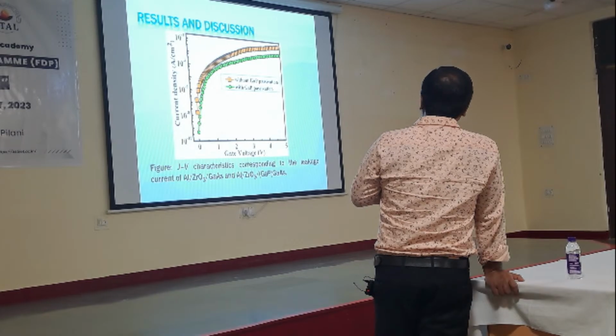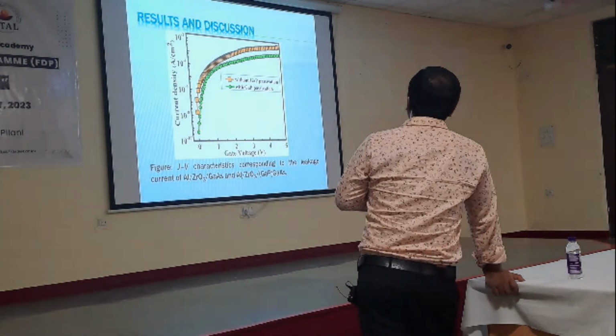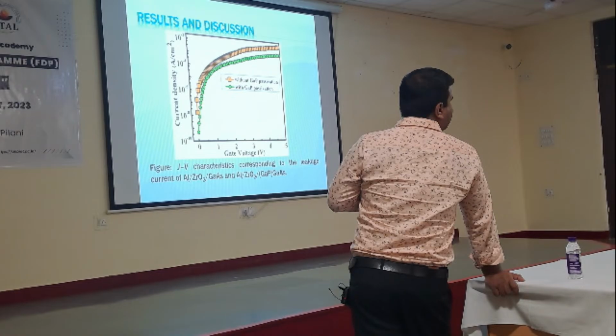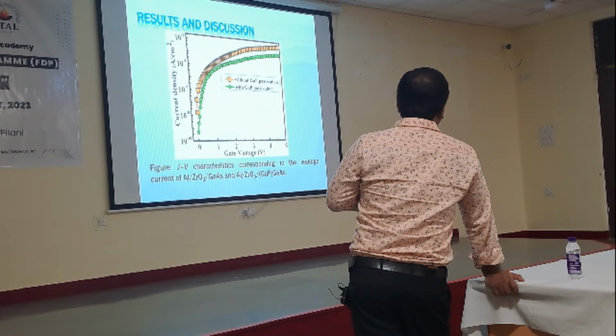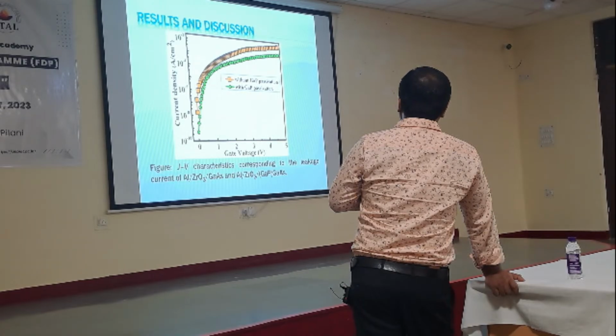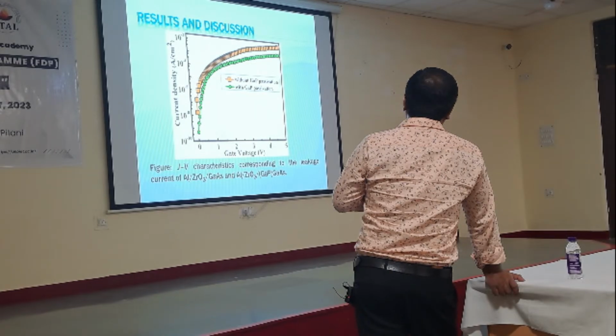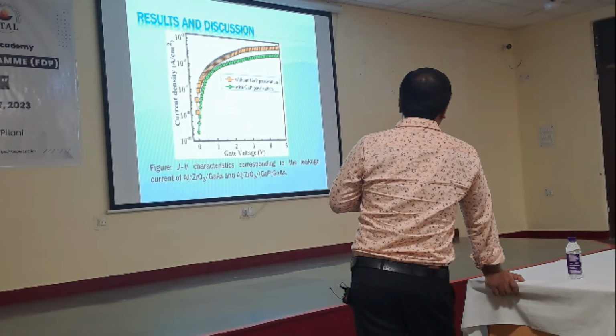When you passivate the surface, your interface trap charge density will be lower, and without the passivation layer the interface trap charge density will lead to a high leakage current density. That's why without the gallium phosphide passivation layer you get a higher leakage current density, and when you passivate the surface with gallium phosphide, the leakage current will be lower.